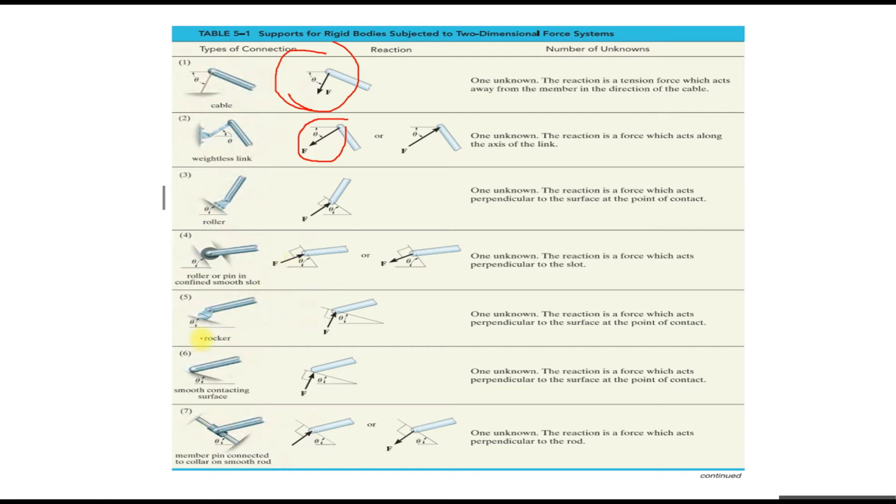A rocker is also the same as the roller and pin. A smooth contacting surface, without considering any friction, we also treat the same as the roller, pin, and rocker. A member with a collar pin on a smooth rod is represented by a single force at the point of contact.